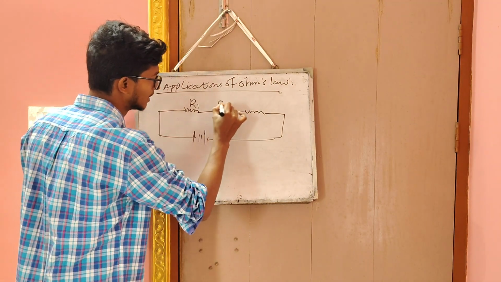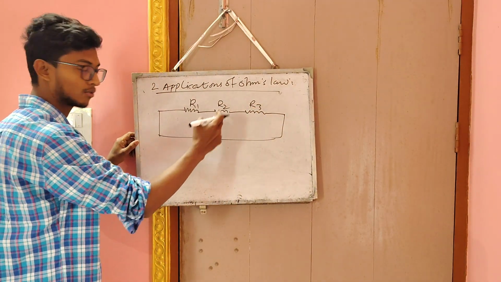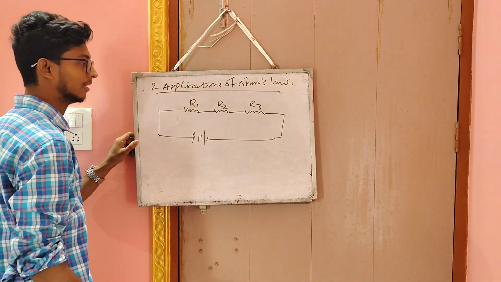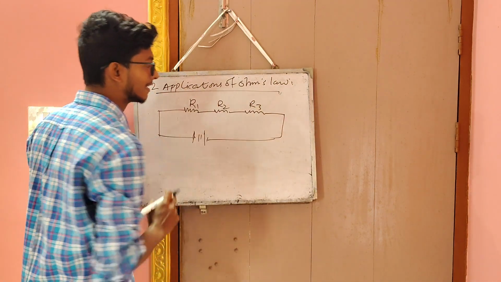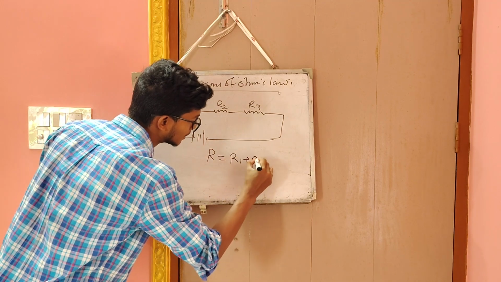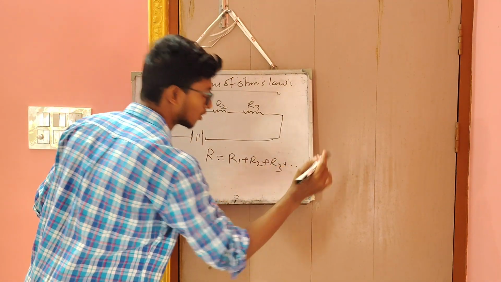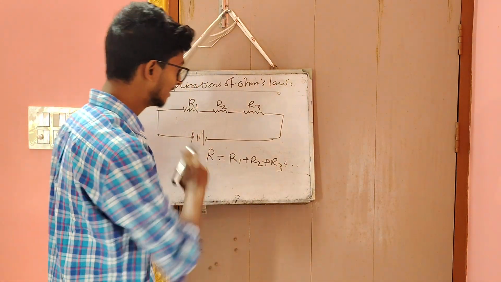This is R1, this is R2, and this is R3. First resistance R1, second resistance R2, third resistance R3. The equivalent resistance is R is equal to R1 plus R2 plus R3 plus so on, if more resistors are connected in the circuit.